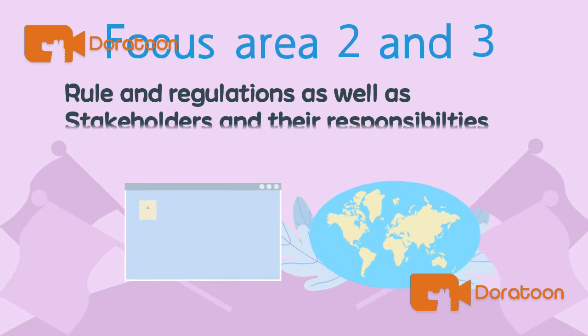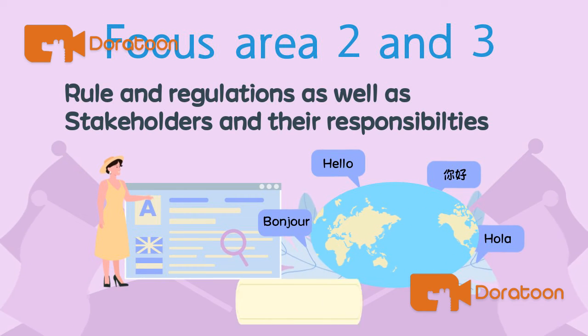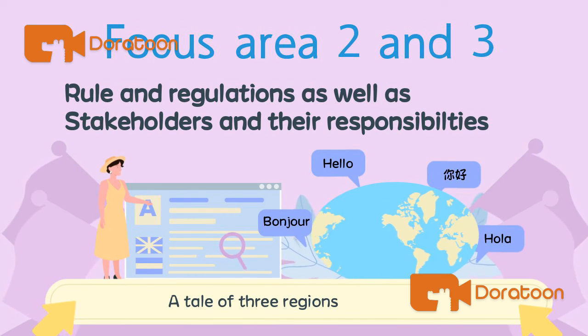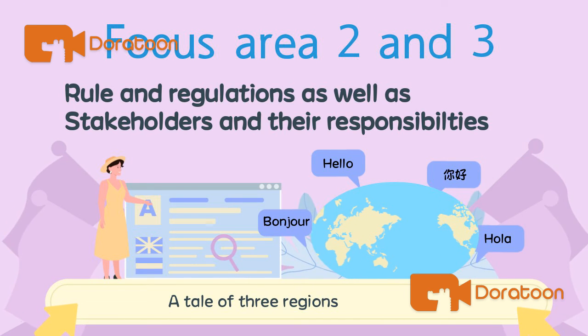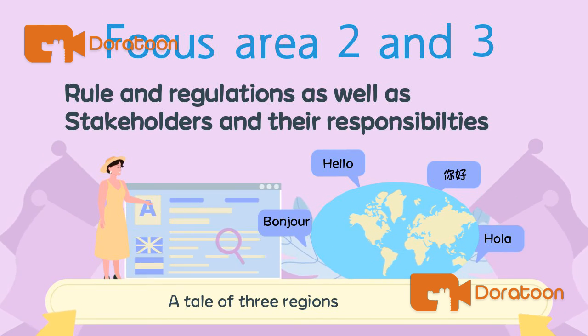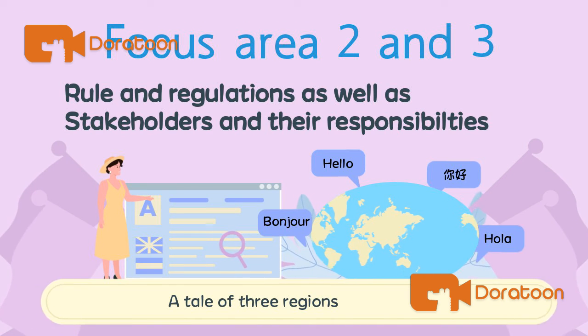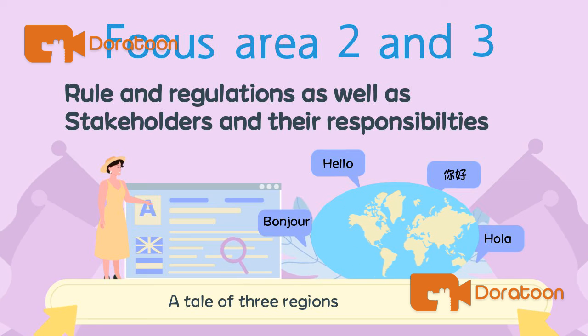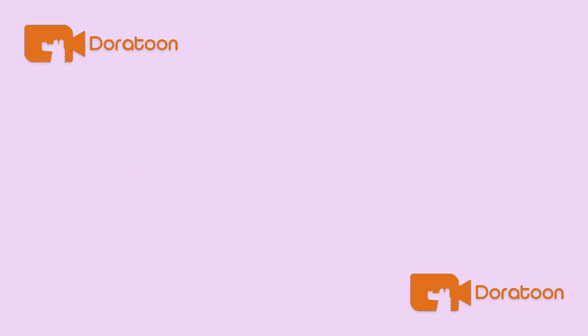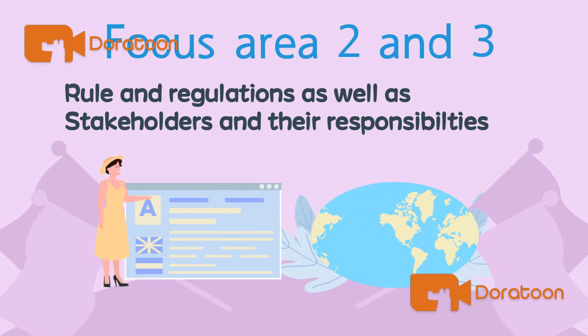A very similar pattern emerged when we evaluated the second and third focus areas of our study, looking at rules and regulations as well as stakeholders and their responsibilities. Because Japan had been completely devastated in World War II, the government adopted a very protective stance.